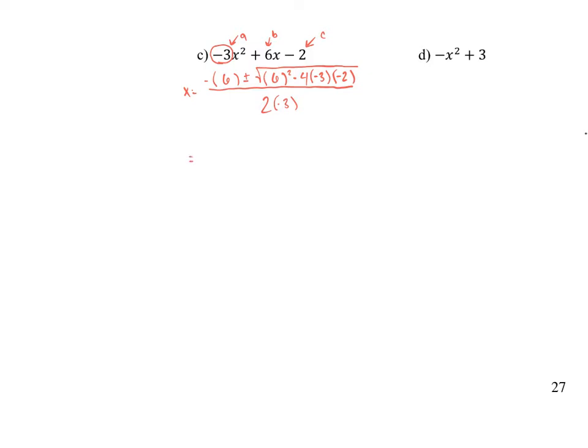So let's take care of the discriminant. We still have a negative 6 out front, but we do have to deal with all this stuff that's under the radical. So 6 squared is 36. Negative 4 times negative 3. Well, a negative times a negative would be a positive, but then we're going to have to multiply by another negative. So we will have a negative number here. 4 times 3 is 12, and 12 times 2 is 24.